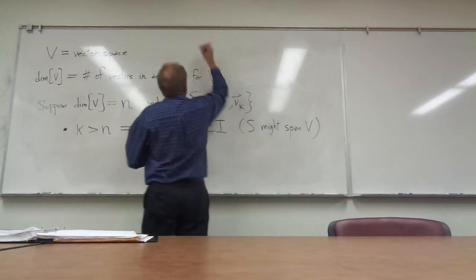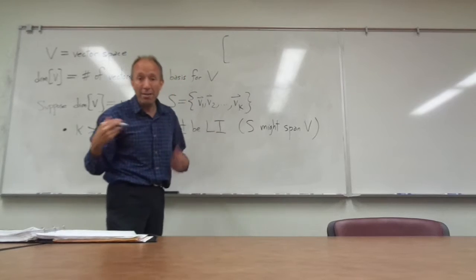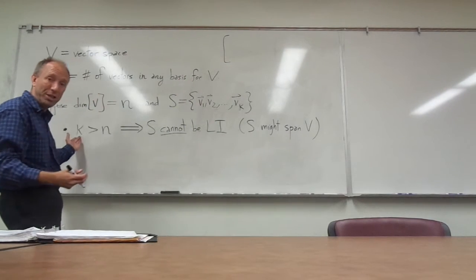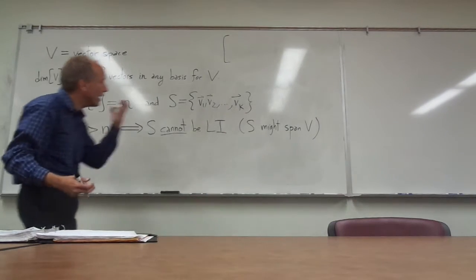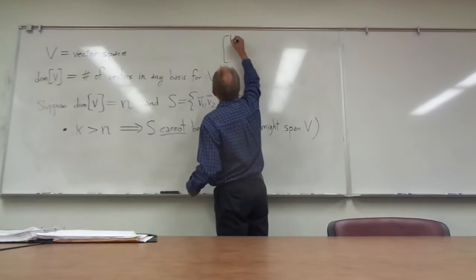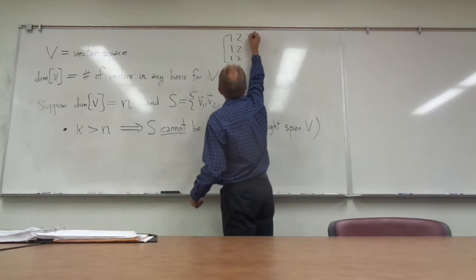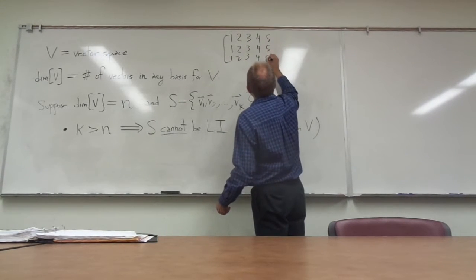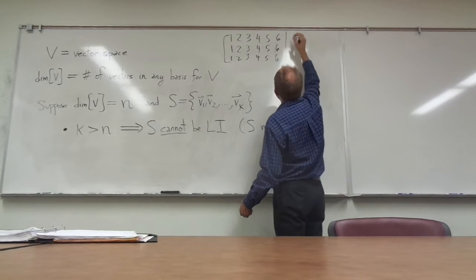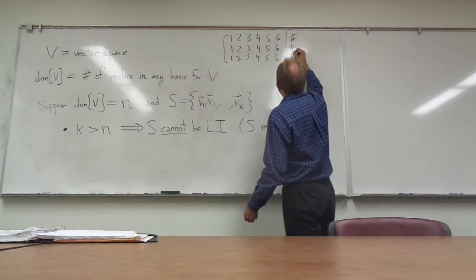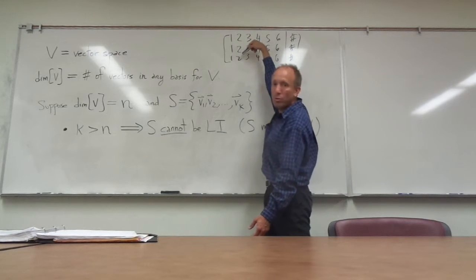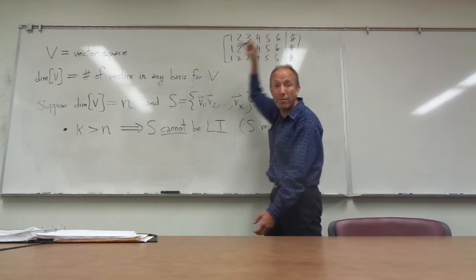Imagine that you spend a lot of money buying a lot of vectors. If k is a big number here, you have a lot of vectors in your hands, you might think, surely they would span the space at least. Well, not necessarily. What if these are the vectors that I gave you? You spent $6,000 buying the vectors 1, 1, 1, 2, 2, 2, 3, 3, 3, 4, 4, 4, 5, 5, 5, and 6, 6, 6.